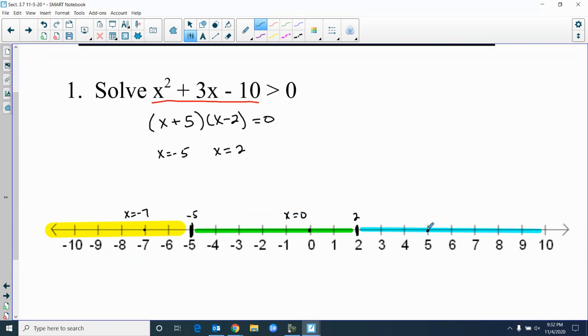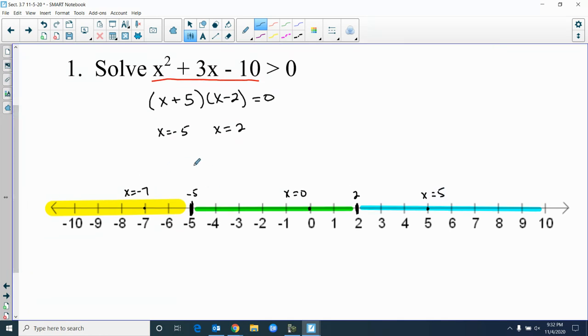And then I'm going to make this one x equals 5. You can plug it into the original function, but a lot of times it's a little bit easier to plug it into the factored form, x plus 5 times x minus 2. Really, all I'm concerned about is whether it's positive or negative in the end.